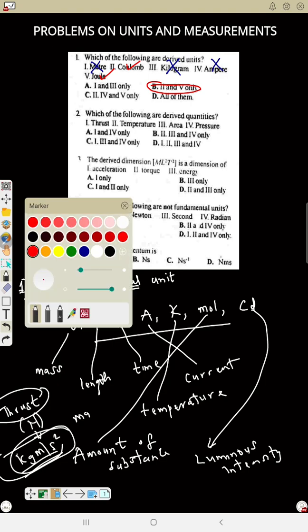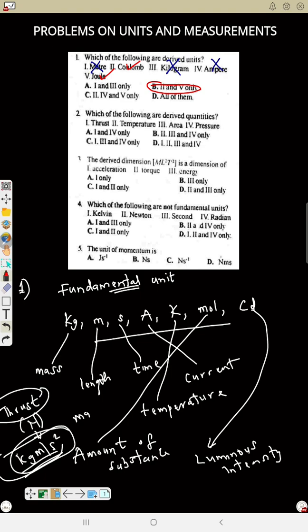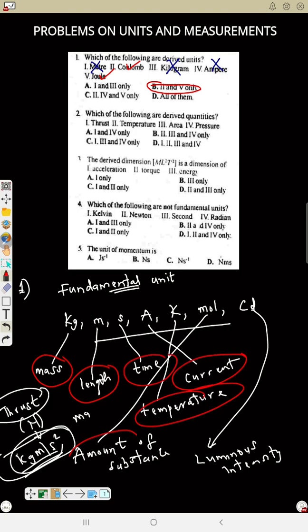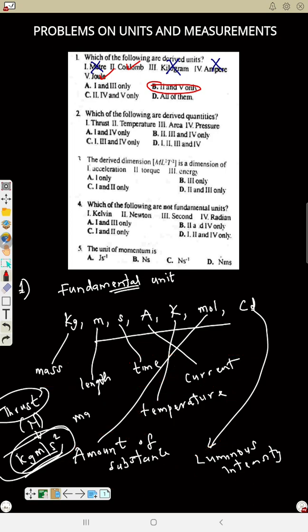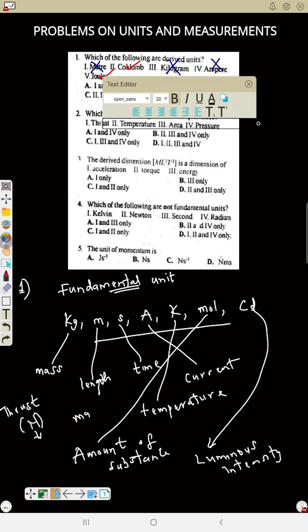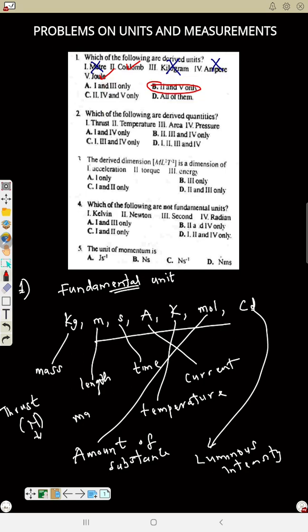So thrust is not a fundamental quantity. It's not part of these 7: mass, length, time, current, temperature, amount of substance, luminous intensity. Since it's not part, then it's a derived quantity. Since the question says which of the following are derived, it is part of our answer.